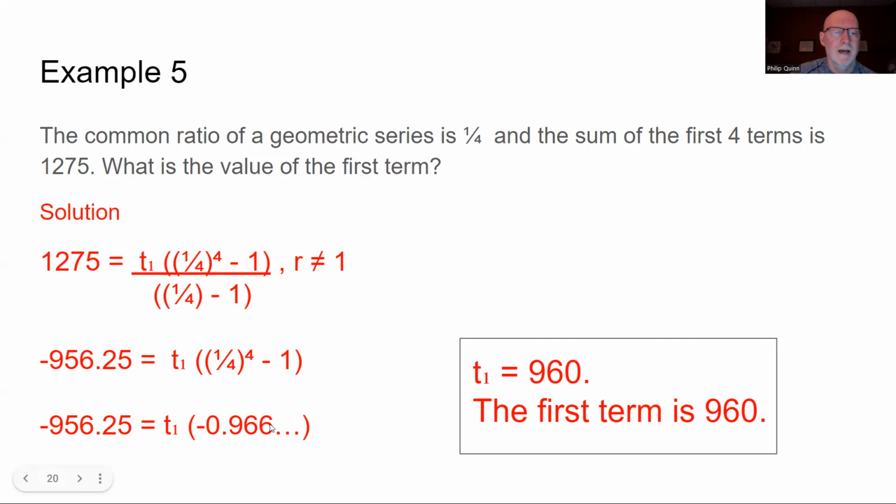So it's T1 times this number is equal to negative 956.25. So to find T1, let's divide both of the sides of the equal sign by what's in brackets here, negative 0.966... And if we do that, we get exactly 960 for T1. We make a final statement to say the first term is 960.